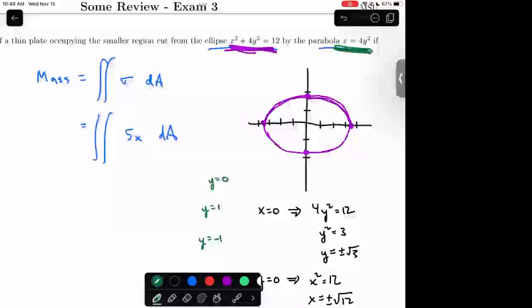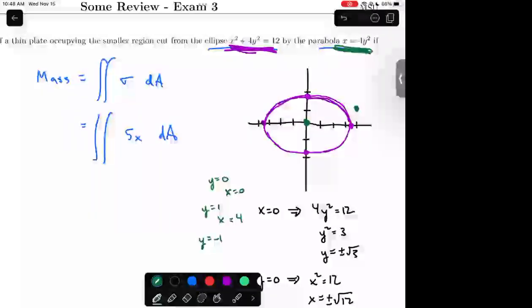So if I plug in y equals 0 into my parabola, I get x equals 0. So that means that the point y equals 0, x equals 0, that's the origin, is on my parabola. If I plug in y equals 1, well, that's going to be 4y squared, so x equals 4. So at height 1, y equals 1, x equals 4.